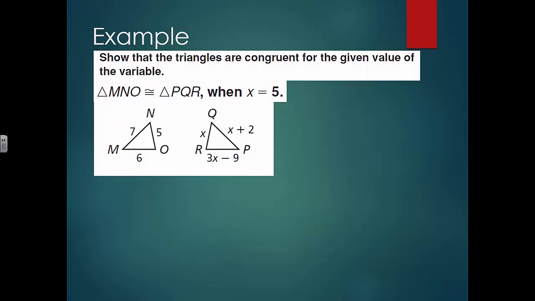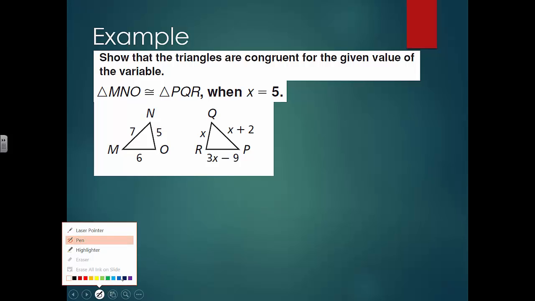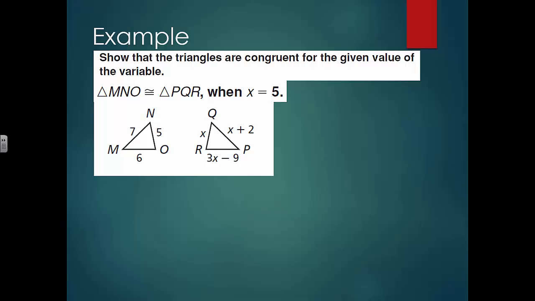All right, show that these triangles are congruent by the side angle side congruence postulate, or by any congruence postulate. It doesn't say which one we're showing it by. So let's take a look here. We know that the sides of this one are 7, 5, and 6, but x equals 5, so that means that QR is 5.